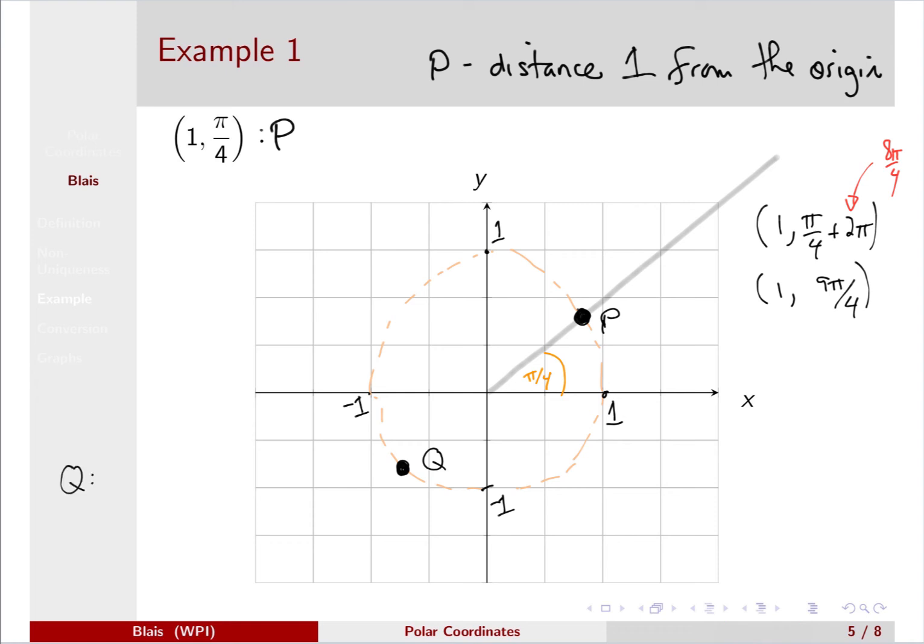Q, we could write as, we go to the point P, so we're a distance 1, and an angle of pi over 4. But when we reflect through the origin, we get an r of negative 1.